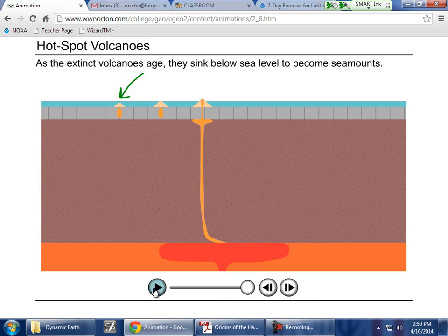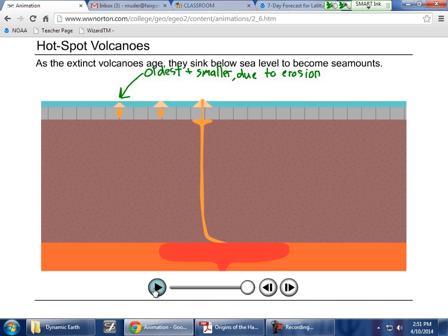The one on the left or the right? The left one. So this one is oldest. And it's getting smaller because of erosion. So this is all less and smaller due to erosion, right?